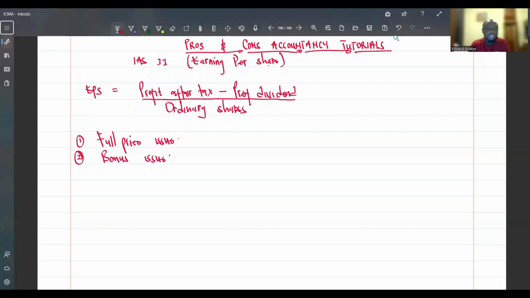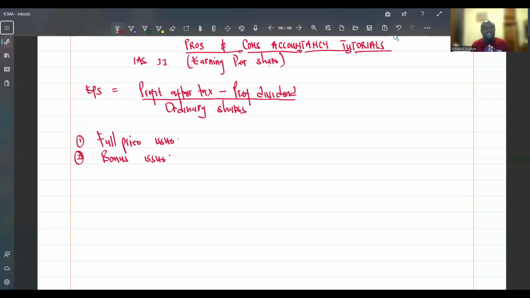In any case, we have issued shares, but the shares that we issued didn't come with any money. We did not get any money from it. So what do we do? We issue from our own retained earnings. The retained earnings that we have in the company, that's where we issue it from. When we talk about retained earnings, there are earnings that we've gained for years, which exist in the company, right?